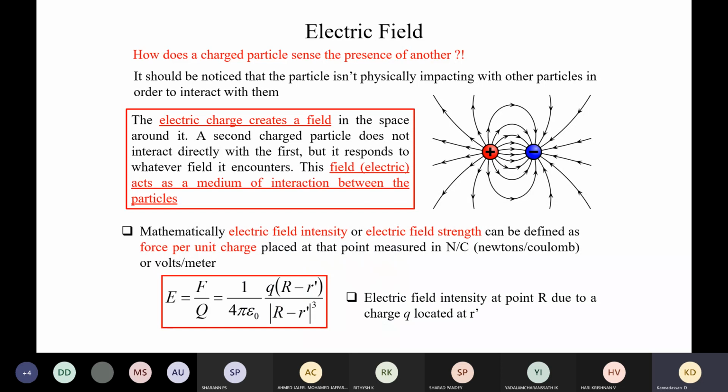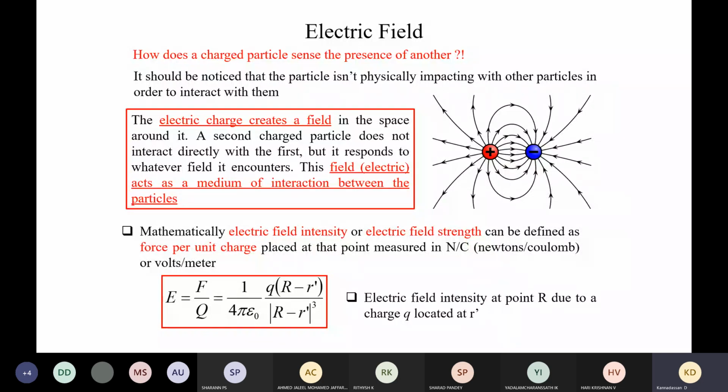And the very important thing after the force is the electric field. The electric field describes the behavior of a particular charge. For instance, we are always giving a point charge, or the charge itself looks like a sphere. That is what we have seen.